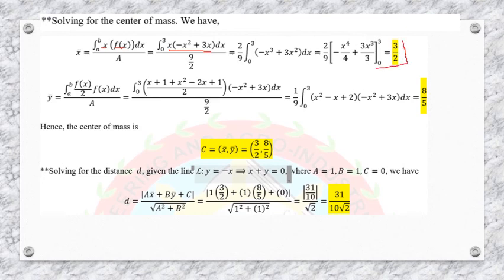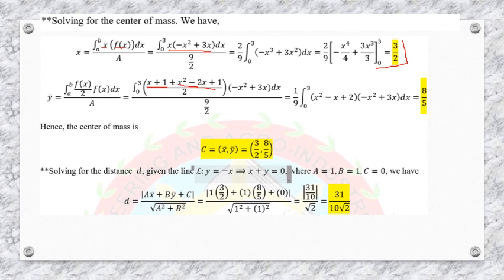For the y bar, we have f of x over 2, where f of x is the line plus the parabola.